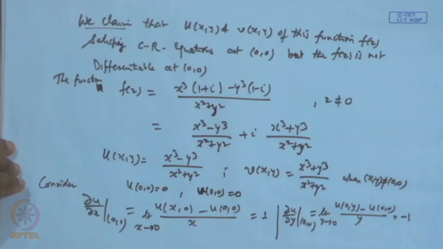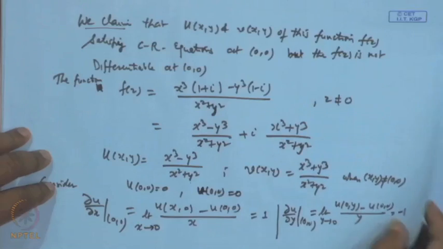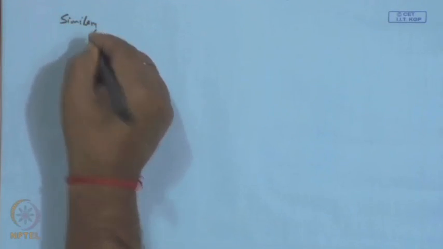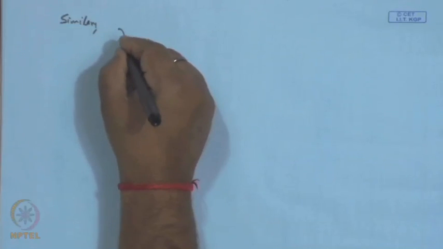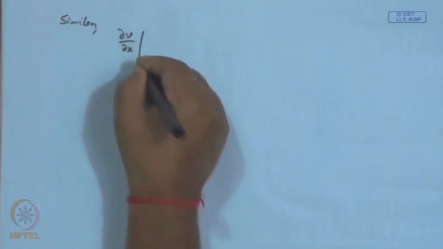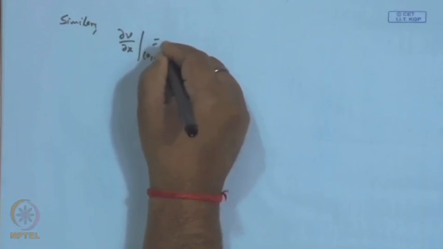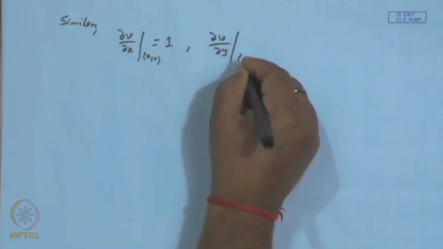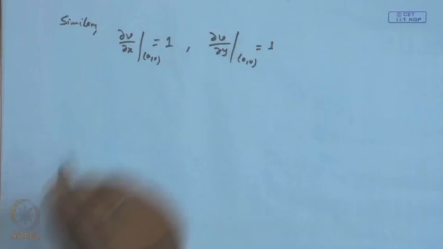Similarly, you can verify that del v over del x at the point 0 0 comes out to be 1, while del v over del y at the point 0 0 will also be 1.